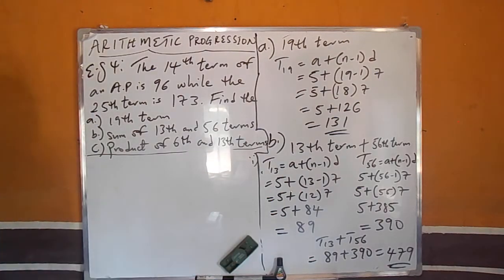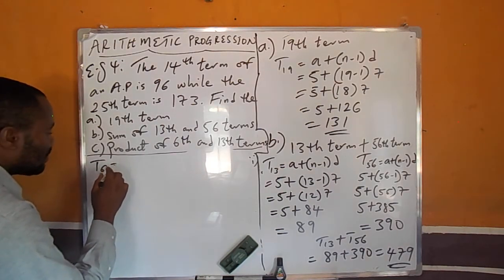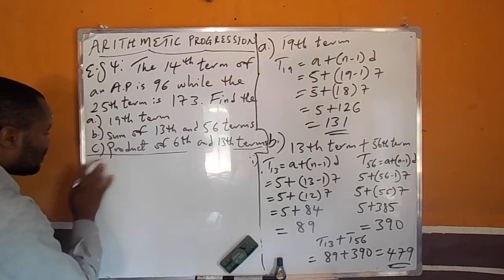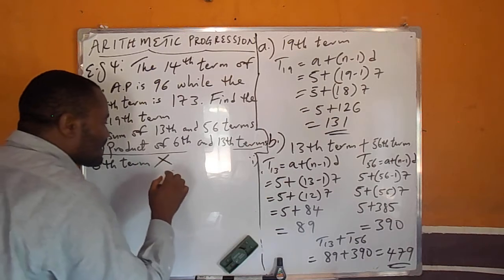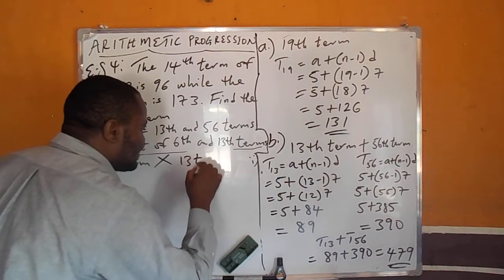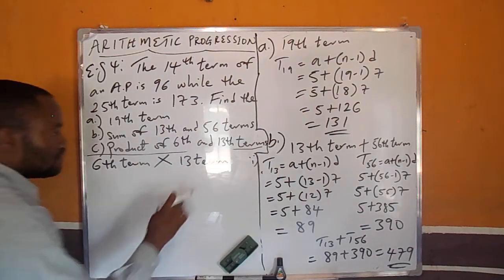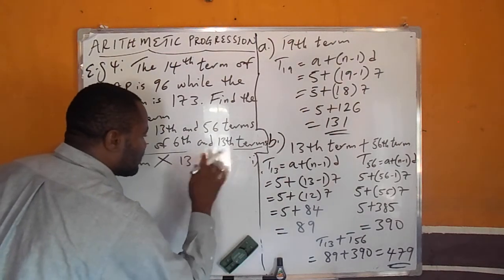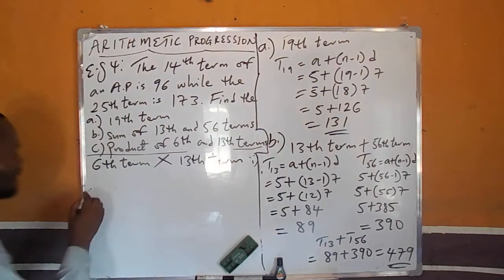C now says the product of the 6th and 13th term. That will be T6 times the 13th term.